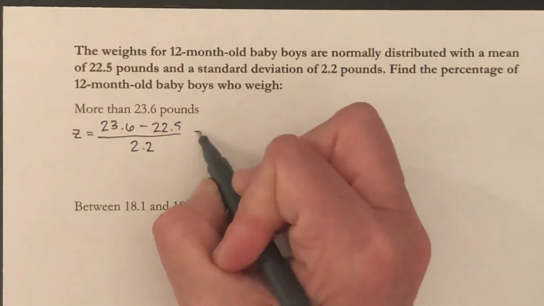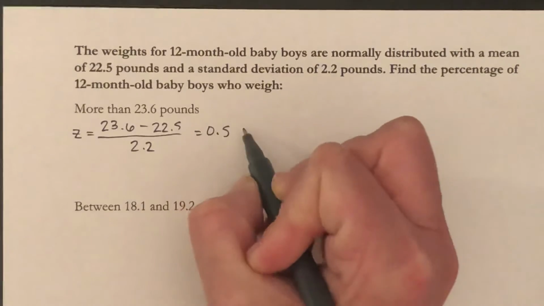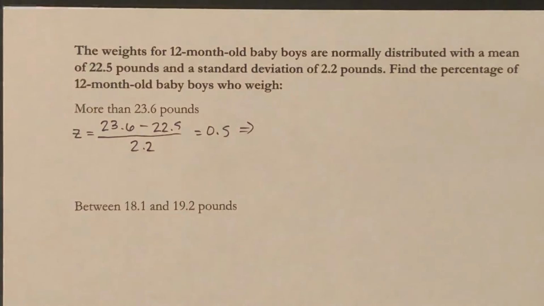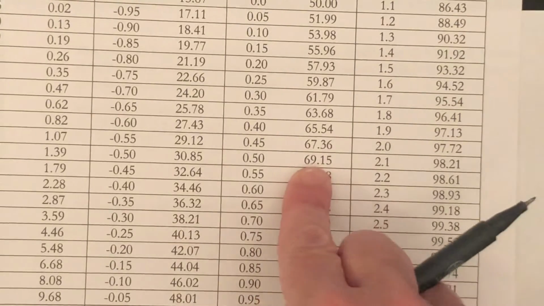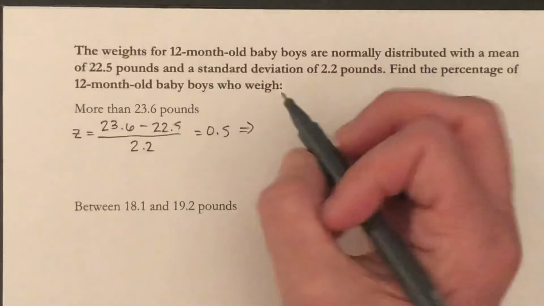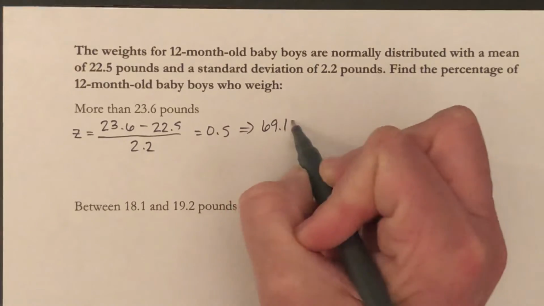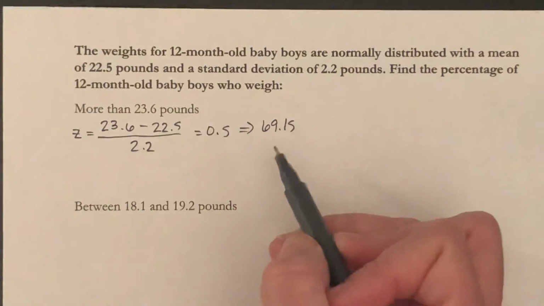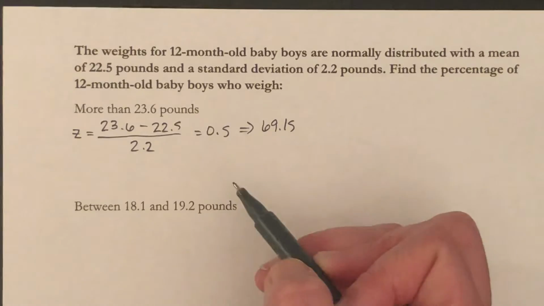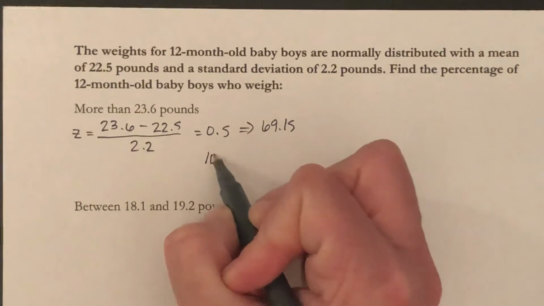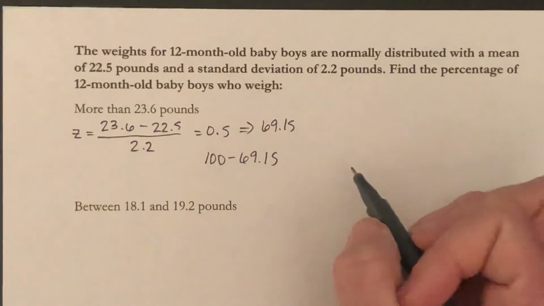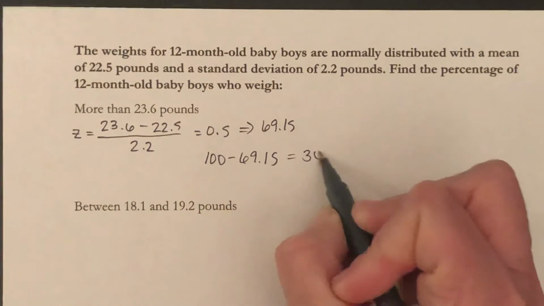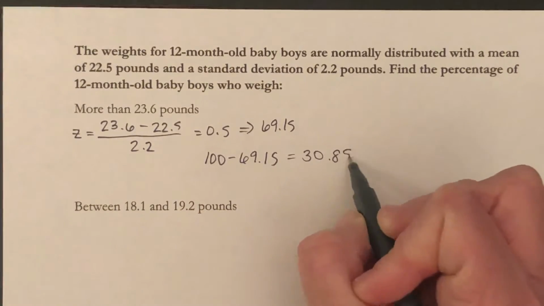And this gives me 0.5. And 0.5 corresponds to 69.15%. Okay, and this is the percent below, and we want the percent above. So 100 minus 69.15 would be 30.85%.